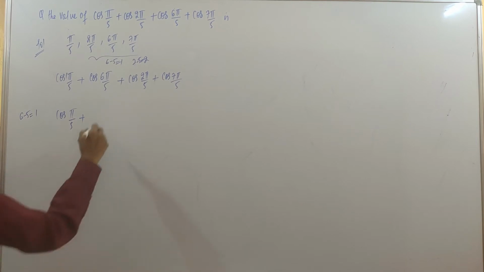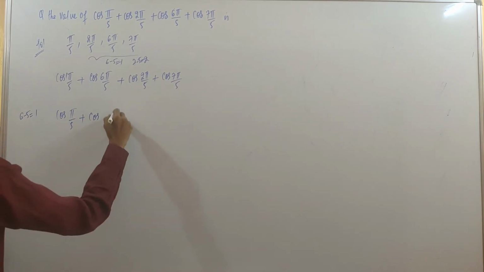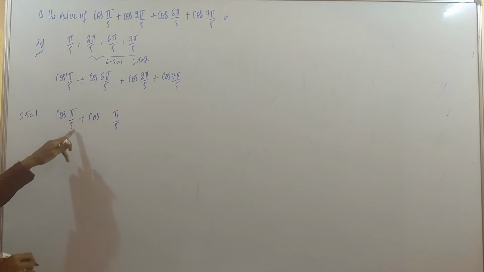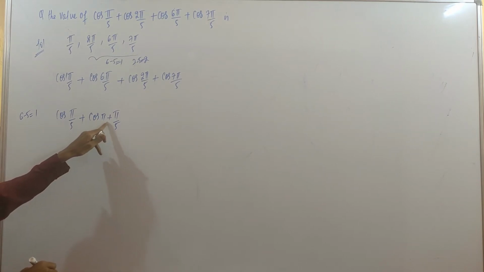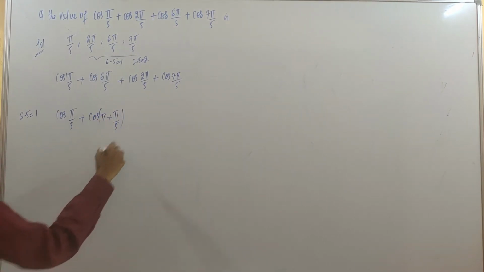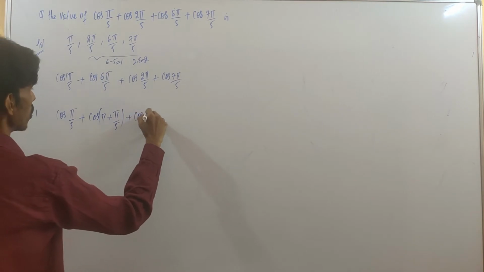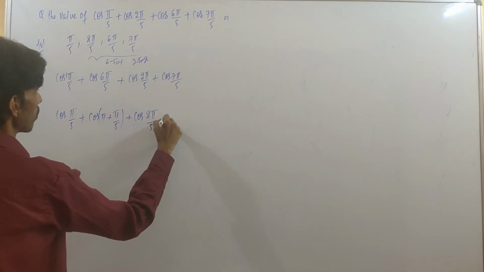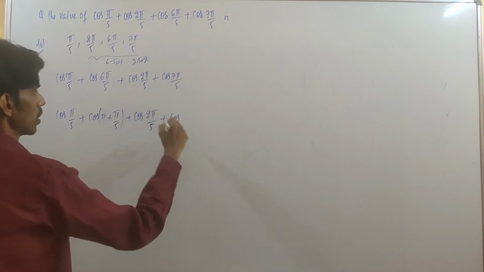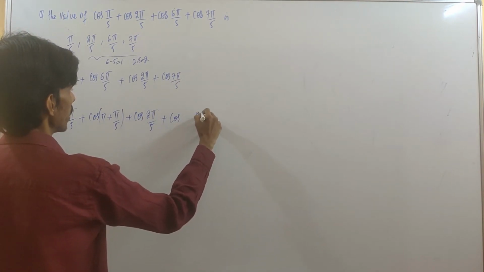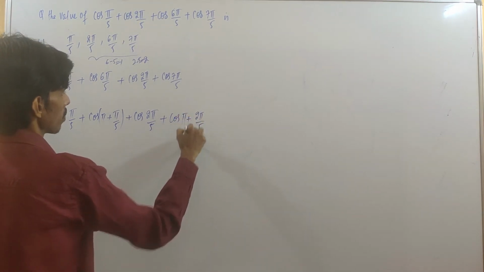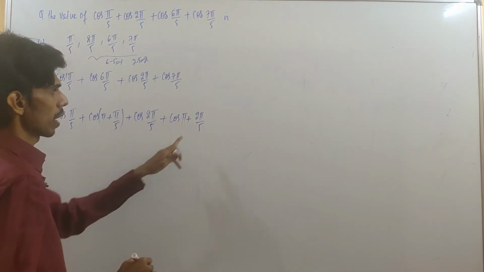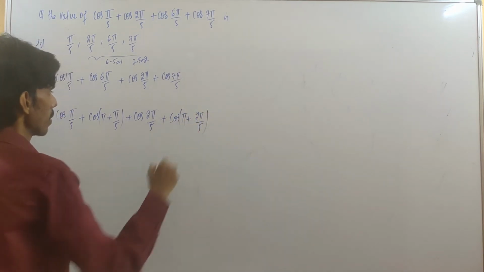So this can be written as cos pi by 5 as it is, plus pi. 5 into pi is 5 pi plus 1 is 6 pi by 5. Similarly write down cos 2 pi by 5 plus cos, it will become 2 pi by 5 plus pi. 5 into pi is 5 pi plus 2 pi is 7 pi by 5.